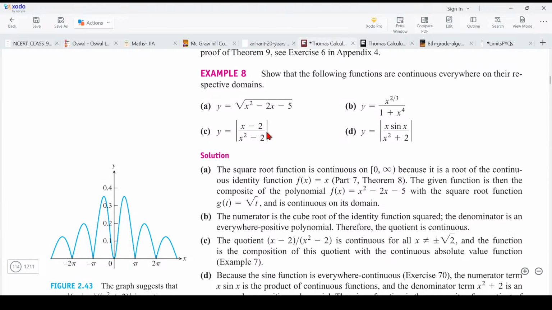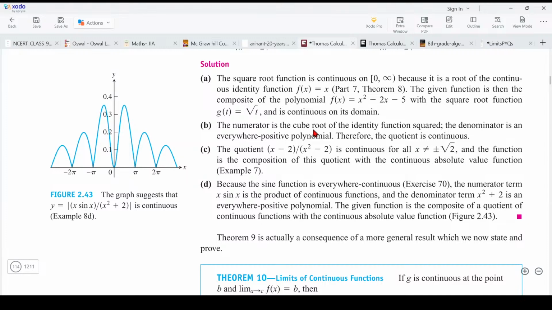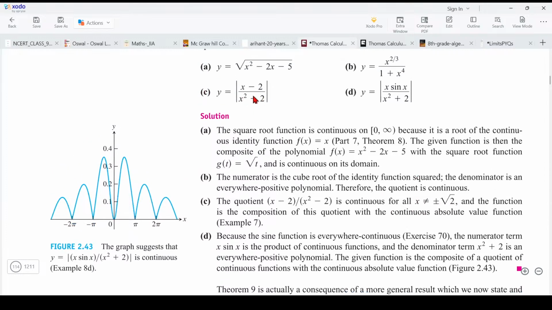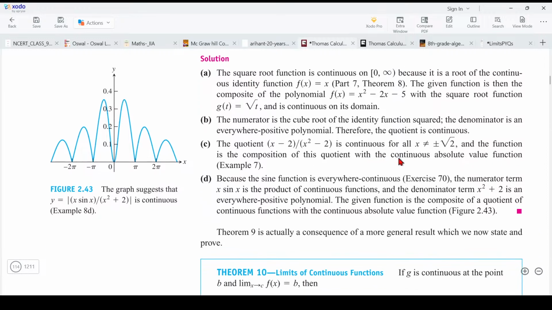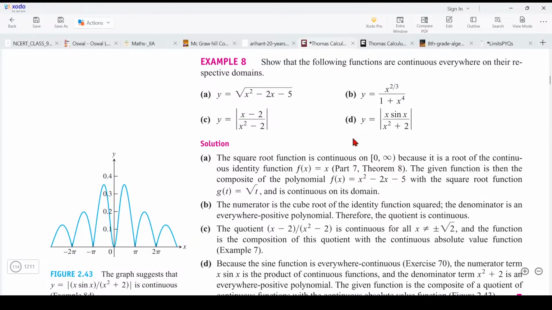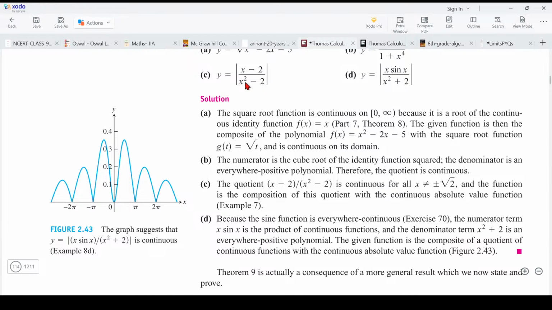And what about this one? Why is this continuous? At x equals 2, this becomes not defined. But x equals plus or minus root 2 is not there in the domain, because whenever the denominator is 0, it will not be there.